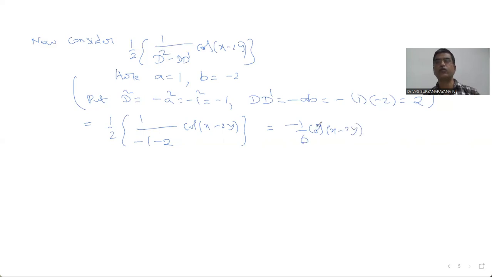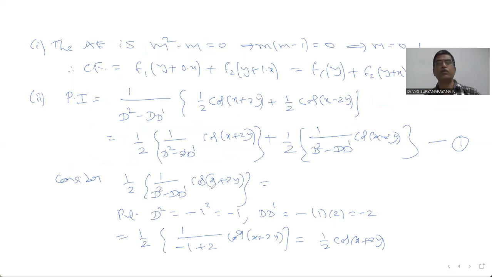Okay. So for both the parts of the particular integral, we have calculated the value. Now, if you substitute these two values in our equation number 1, what is our particular integral? Just go back once. This is half of the first one plus the second one.